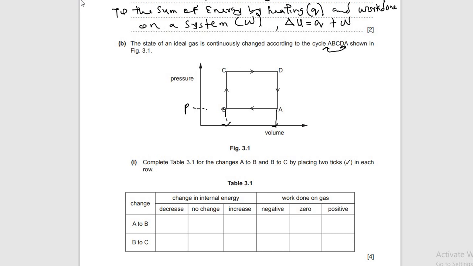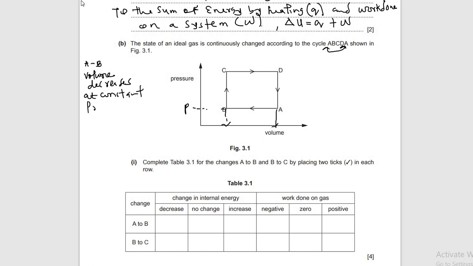Volume decreases from A to B. Check the arrow. It's coming from right to left. Volume decreases at constant pressure.